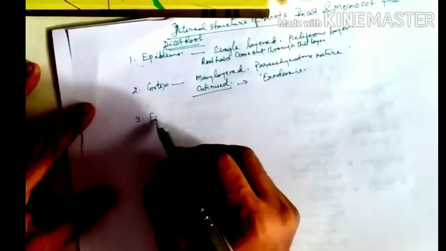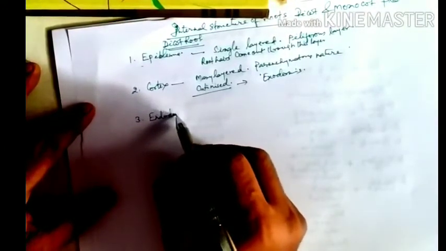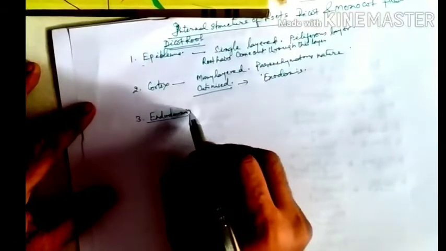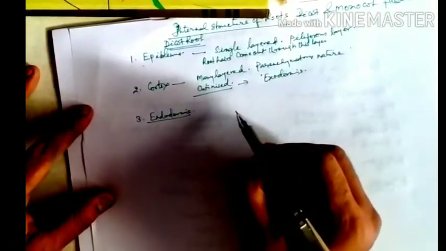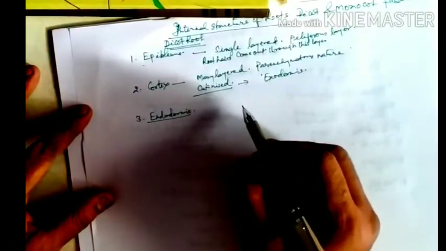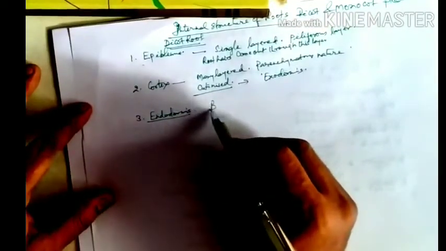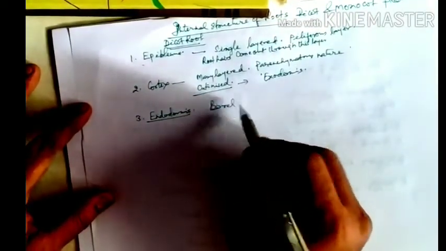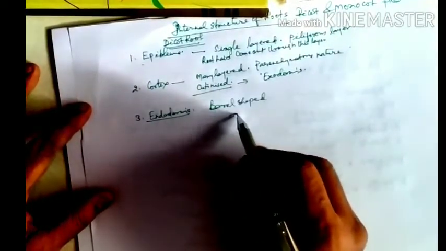The next is the endodermis. It is the last layer of the cortex and its cells are barrel shaped. Barrel shaped means like barrels.